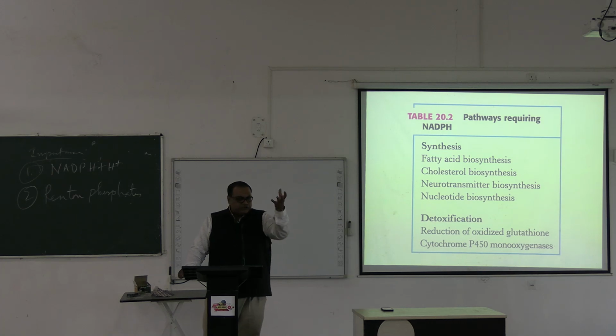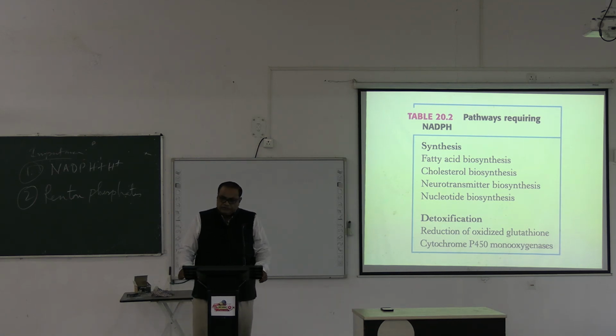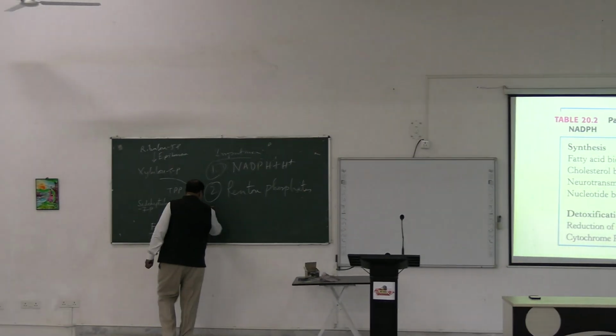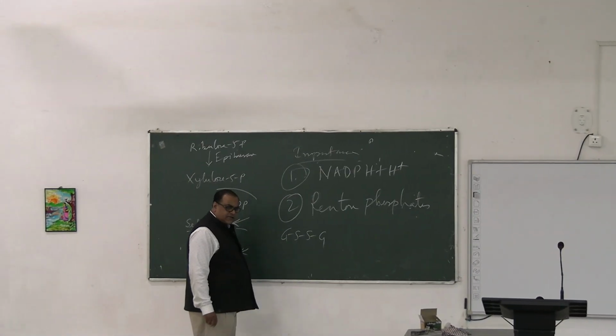So reduced glutathione concentration in the cell decreases. NADPH is required for production of reduced glutathione from oxidized glutathione. What is this? This is oxidized glutathione.